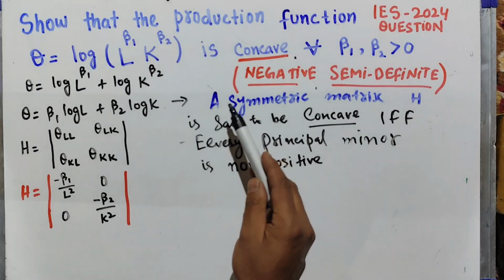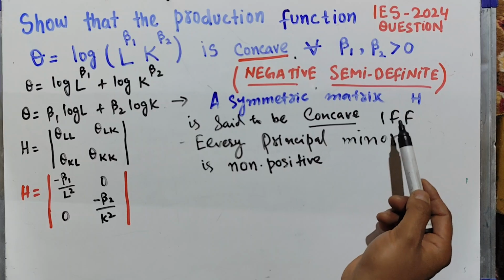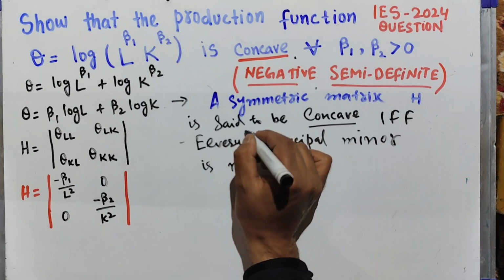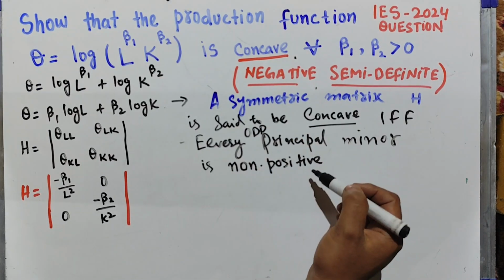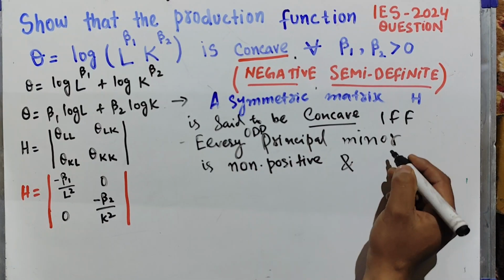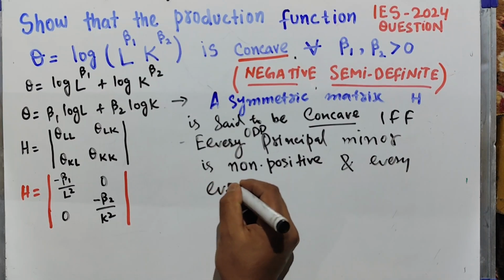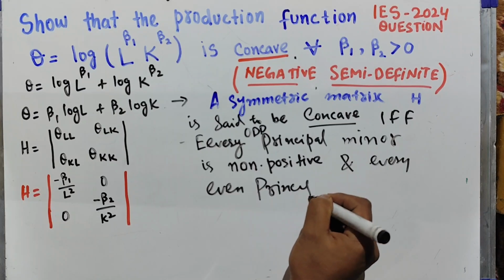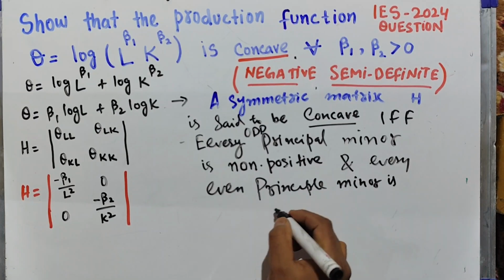We say a symmetric matrix H is said to be concave if every odd principal minor is non-positive and every even principal minor is non-negative.